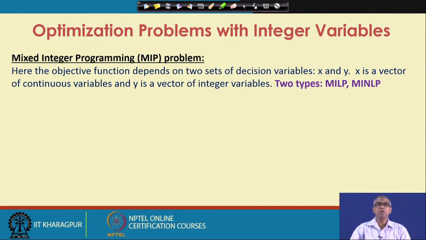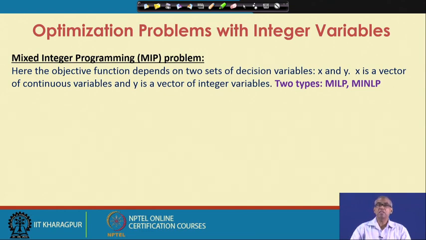So, the difference between linear programming problem and mixed integer linear programming problem is this, that in case of linear programming problem, the decision variables take on continuous values, and in case of mixed integer linear programming problem, the decision variables can take integer values, but in both the cases the objective function and the constants are all linear.